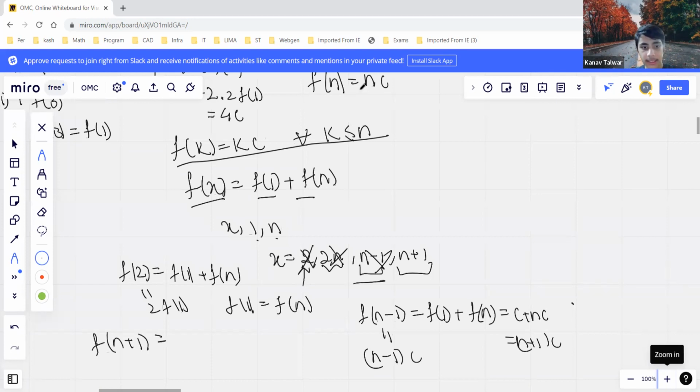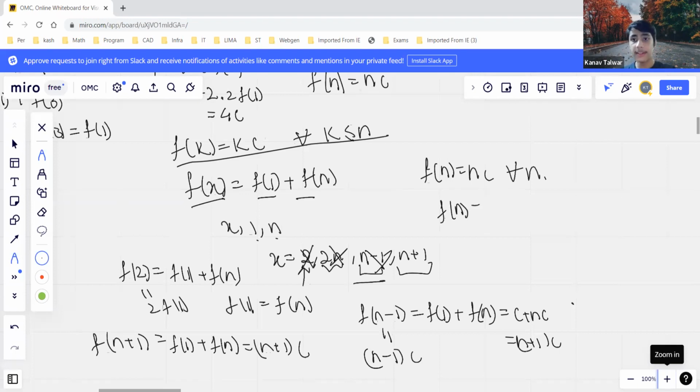Thus, we must have that x is equal to n plus 1, and hence f of n plus 1 is equal to f of 1 plus f of n, which is equal to n plus 1 times c. Yay. So we've completed our induction, and we have that f of n is equal to nc for all n. And due to surjectivity, as stated in the starting of the problem, we must have that f of n is equal to n for all n.